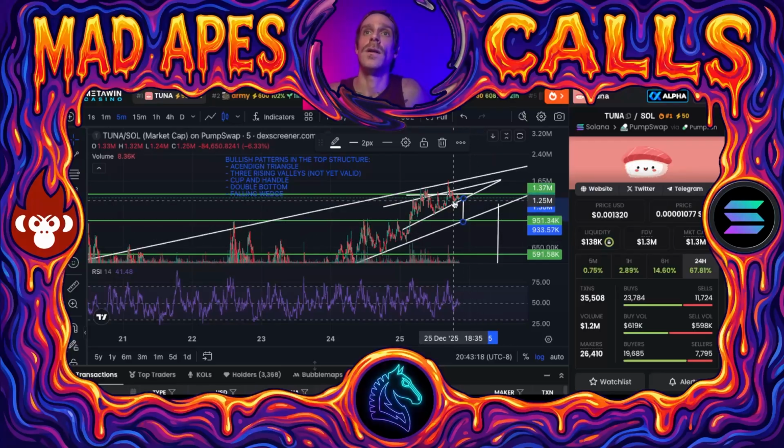So if this smaller rising wedge breaks down and hits this lower trend line, then it's going to invalidate all of these bullish patterns that I found, right? That's not to say other ones like it won't form in the same area, but you just gotta weigh the two sides and see which one has more confirmation.